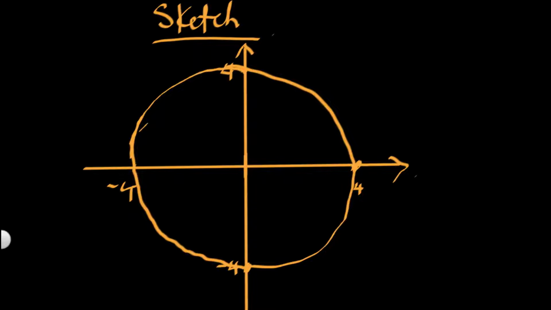Then the other shape that we have is an ellipse. So we have an ellipse. I'm going to draw my ellipse. Actually, the ellipse will be like this.